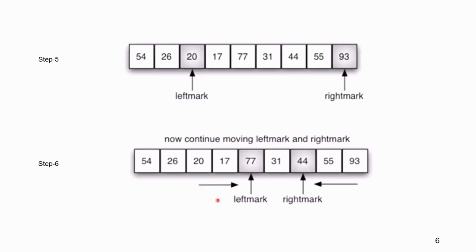So after continuing to perform their functions, the left marker finds 77, the next element greater than 54, and stops its incrementation. And the right marker finds 44, the next element in its path which is less than 54. So after stopping the incrementation of the left marker and decrementation of the right marker, we're going to swap 77 with 44.